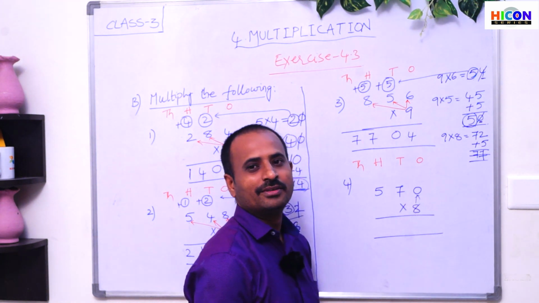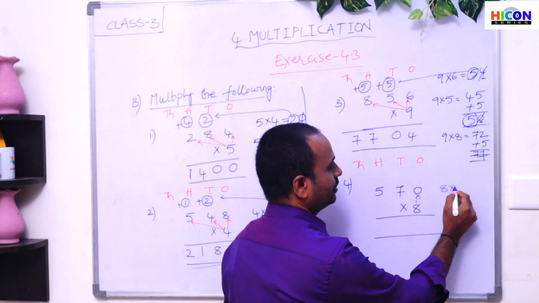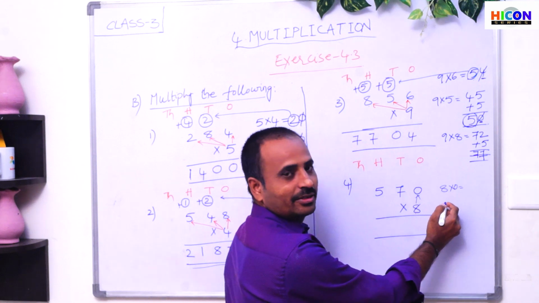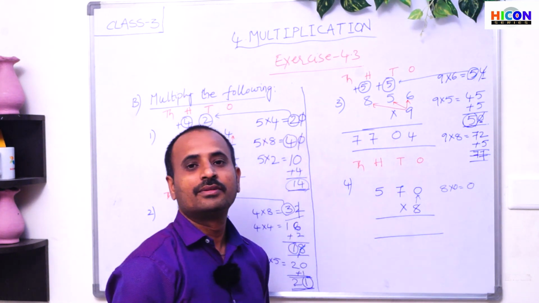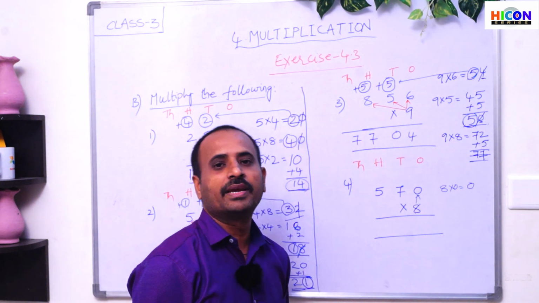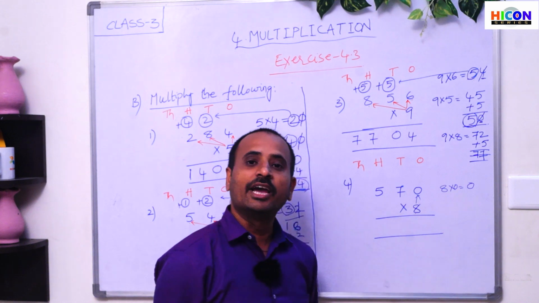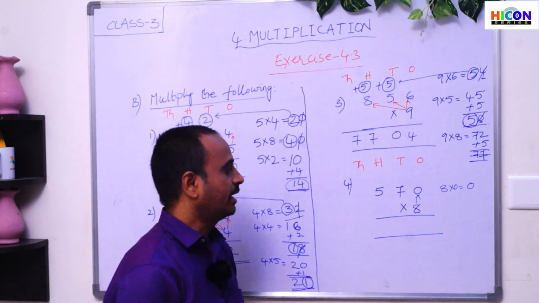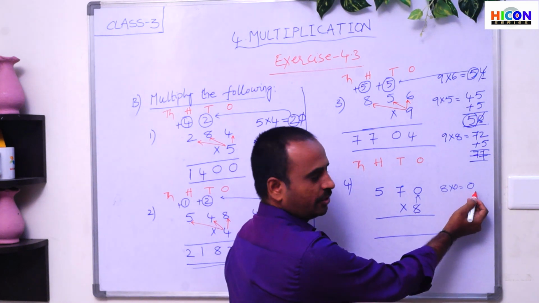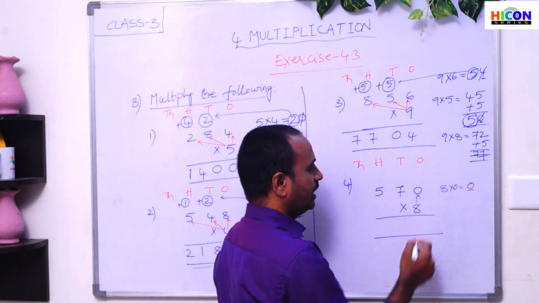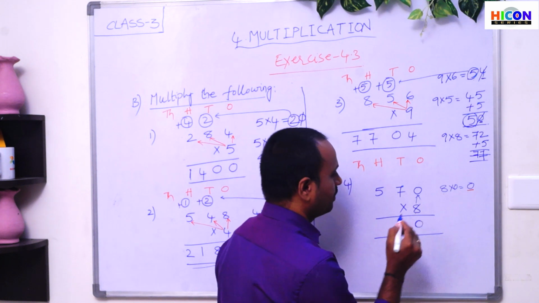Children, how much will you get? 8 into 0 is 0, because according to the properties of multiplication, if you multiply any number with 0, you will again get 0. So write this 0 under ones place.